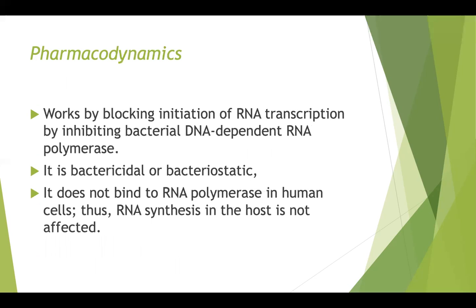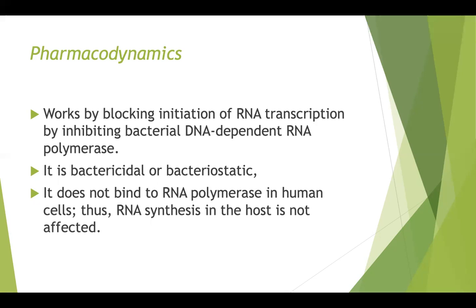So for pharmacodynamics, it works by blocking the initiation of RNA replication by inhibiting bacterial DNA-dependent RNA polymerase. In short, it acts on the RNA. Some of the medications we have discussed act on the DNA, but rifampicin acts on the RNA.